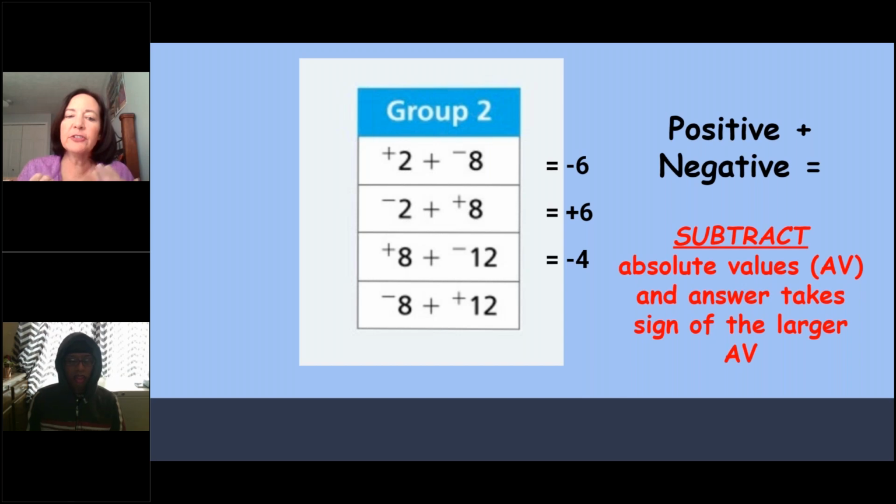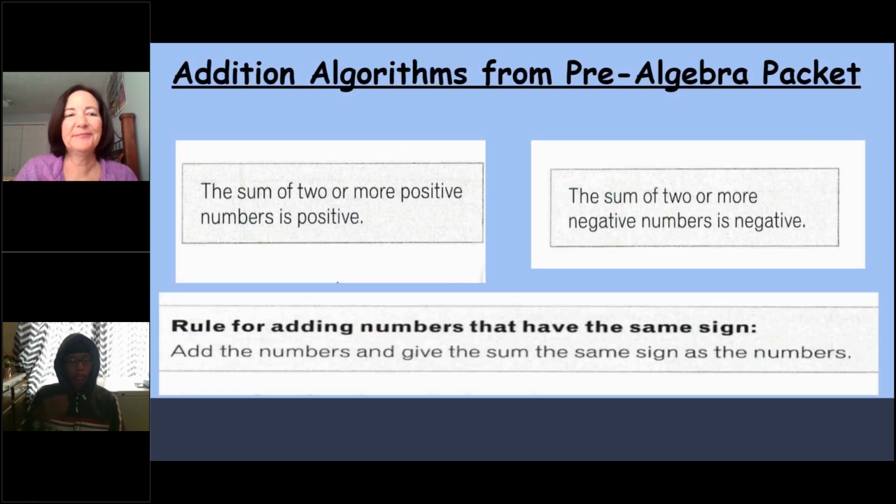Find the difference or subtract those absolute values. What's that going to be? It would be a positive 4. Perfect. Nice.